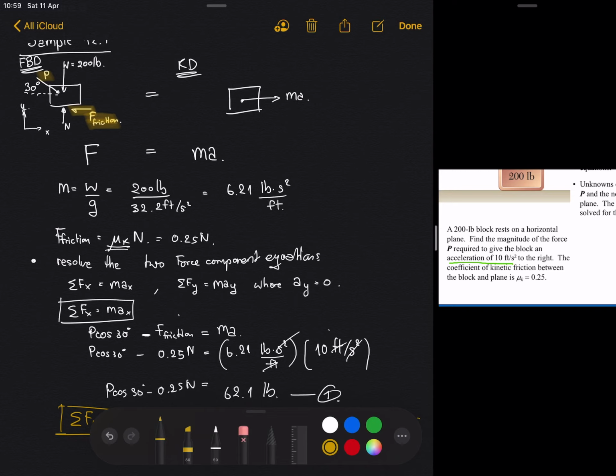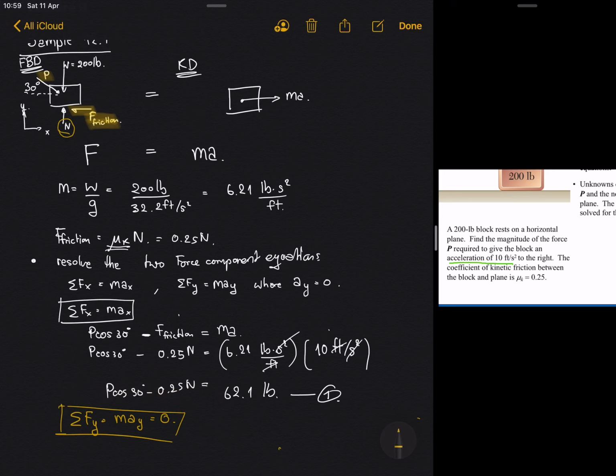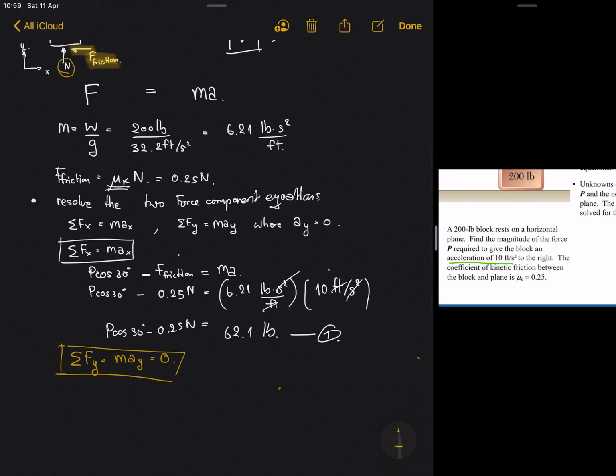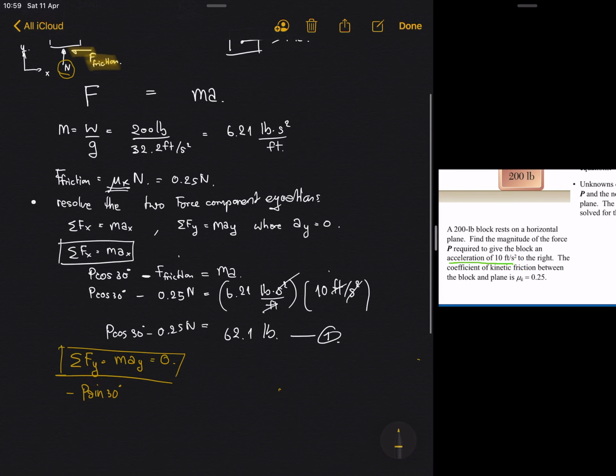It's not good to highlight, it's in yellow, but anyway, I will just circle this. We have this one, and we have P in another direction. So we have P sine 30, and the P is in the negative because this is down, and we have plus normal force equal to 0. Then in the end we have N equal to P sine 30.